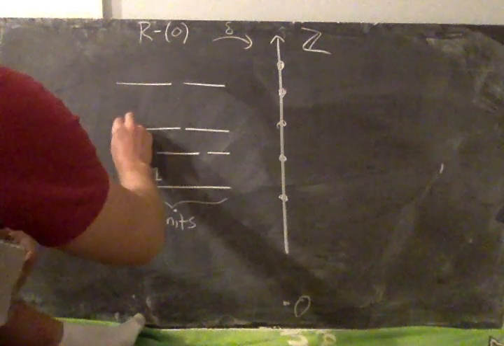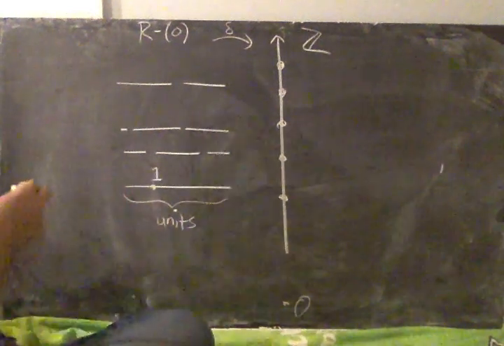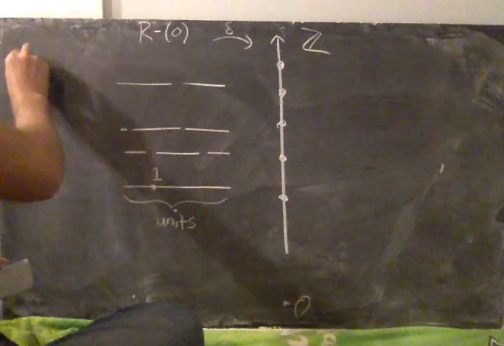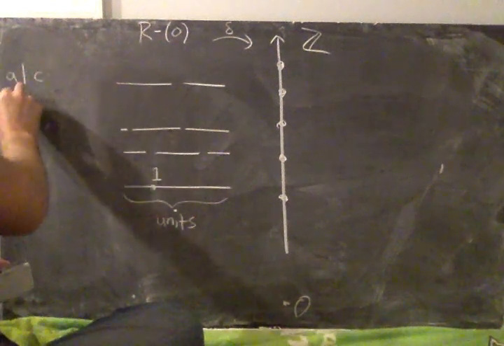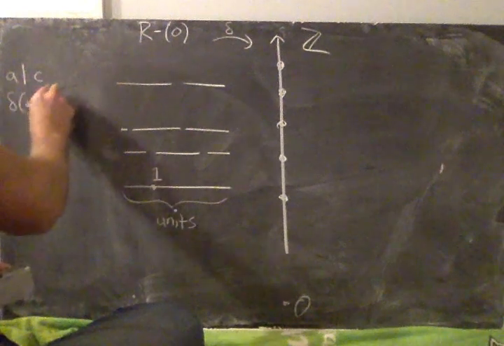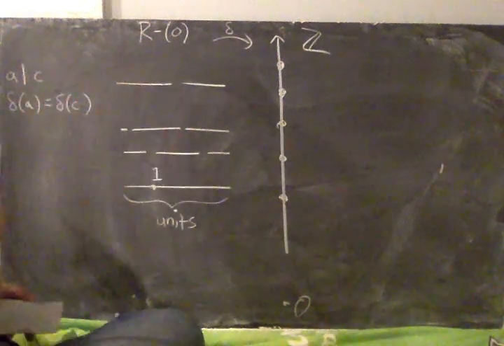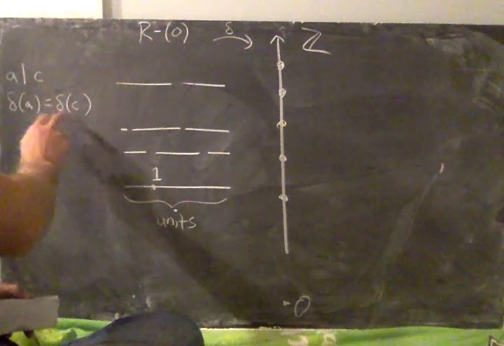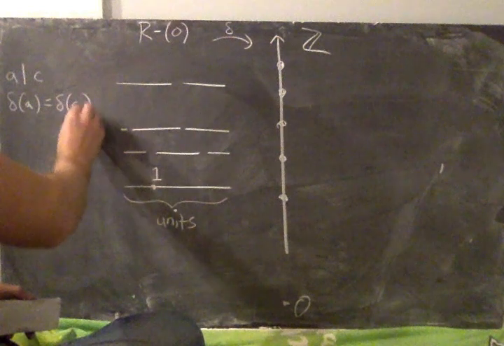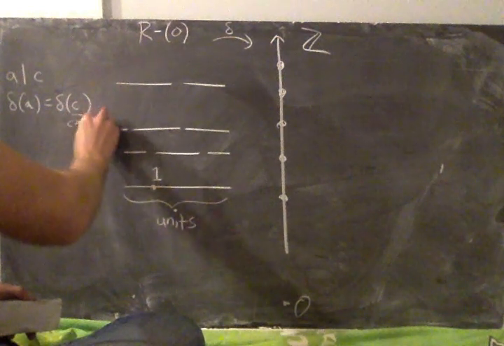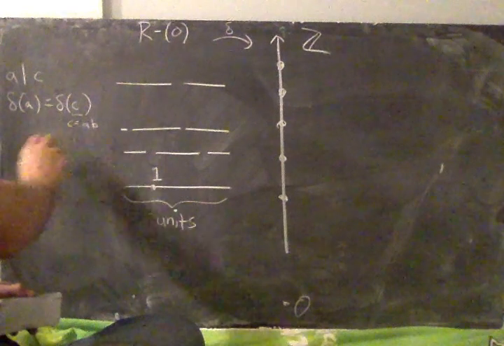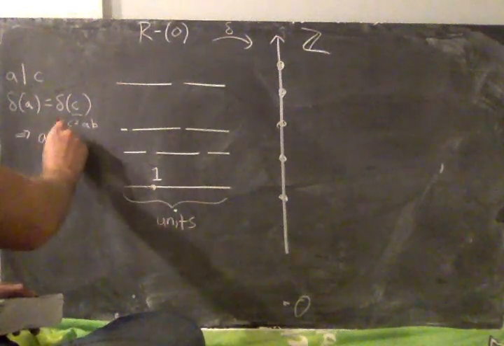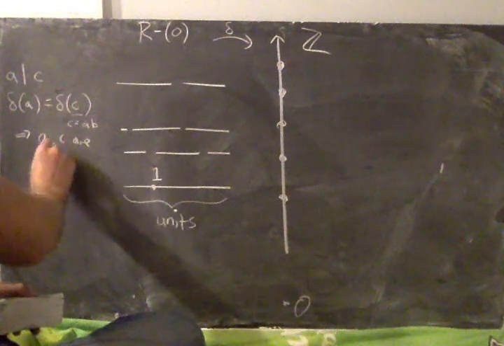And what we found is that if A divides C, and delta of A is equal to delta of C, so we know this implies less than or equal to, but if it's equal, then A divides C means that C is equal to A times B. But we just saw that that implies that B is a unit, so that implies that A and C are associates.